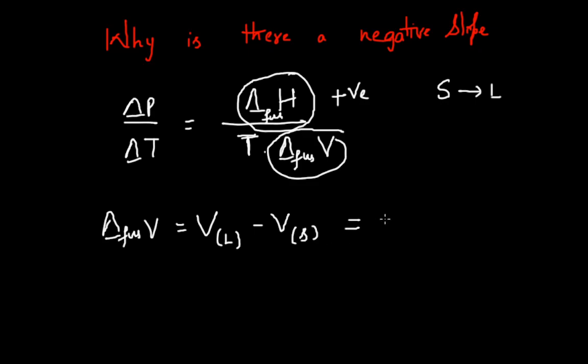So this is a negative value for a simple reason: ice occupies more volume than its liquid state. Because this is negative, your dP/dT, which represents the slope, will also be negative. So that is why you have a negative slope.